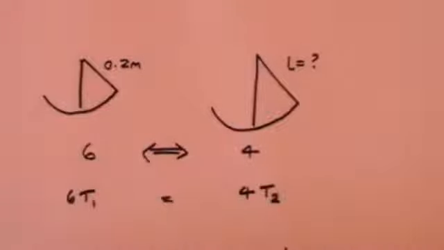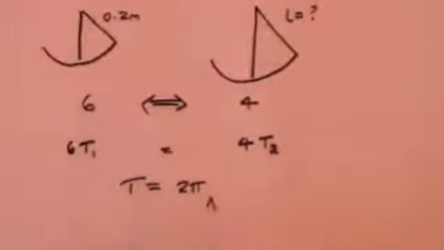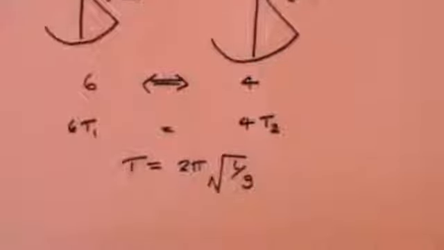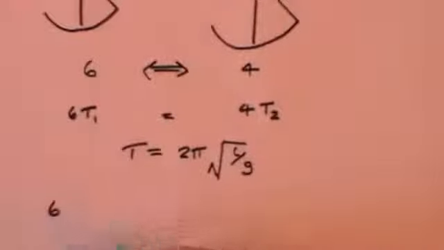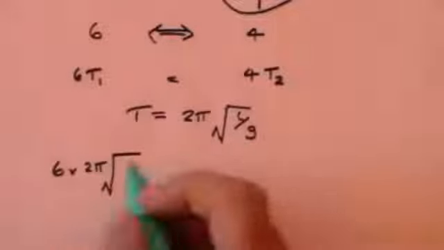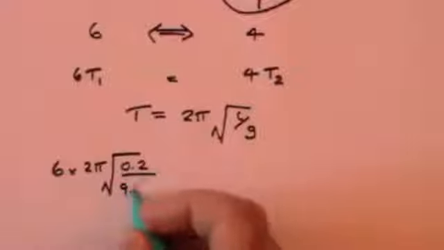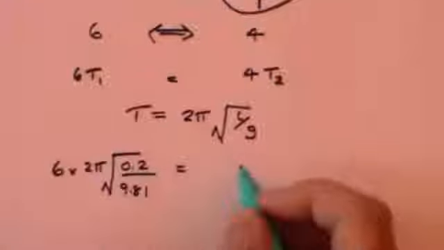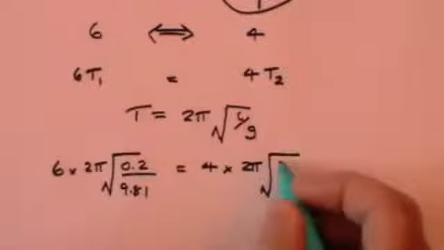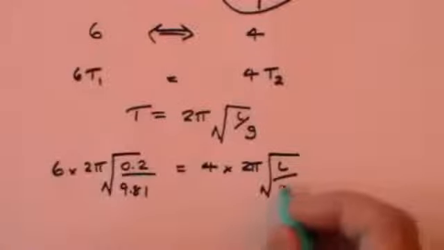We'll call that T2. And we know that for a pendulum, the period of oscillation is 2 pi times the square root of L over g. And so now we've got that on this side we've got 6 times 2 pi times the square root of L, which we were given, it's 0.2 meters, so 0.2 divided by g, which is 9.81, is equal to, on this side, 4 times 2 pi times the square root of L, which we don't know, divided by g, which is 9.81.